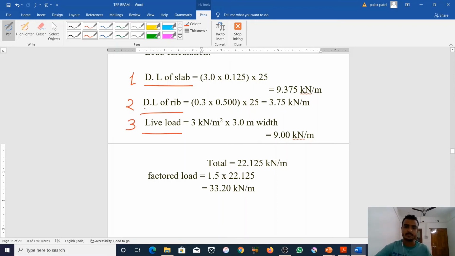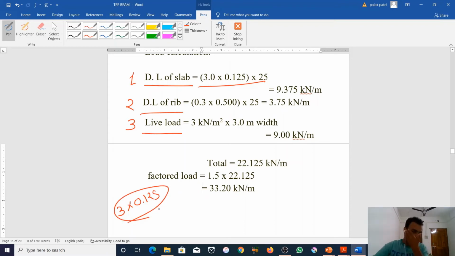Dead load of slab is 3 into 0.125 into 25. Why is it 3? I can explain it here. Look here, students. Your slab span is 3 and thickness is 0.125.